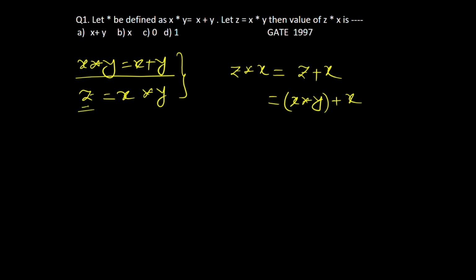Here the value of z we put in. Now x star y means x plus y, plus x. So we know that x plus x is equal to x. Here y is remaining. So the answer for this question is option number A.